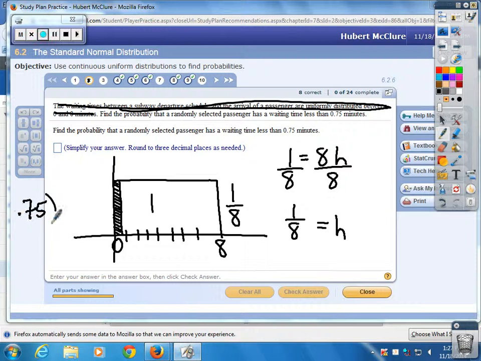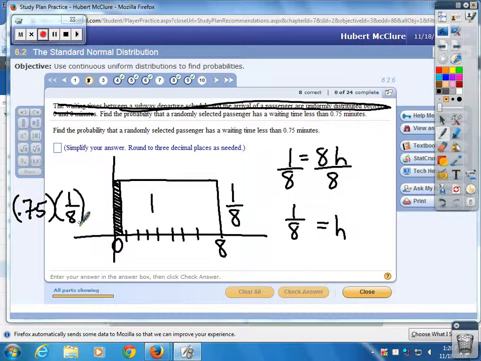0.75 times 1/8. Now that's a fraction and a decimal, and you can't do any thinking with your brain with a fraction and a decimal. So either change one to a decimal, both to a decimal, or both to a fraction. What's easier to work with your brain? A fraction or a decimal? A fraction.